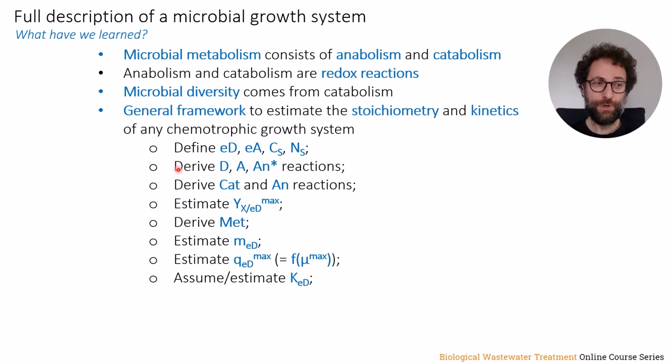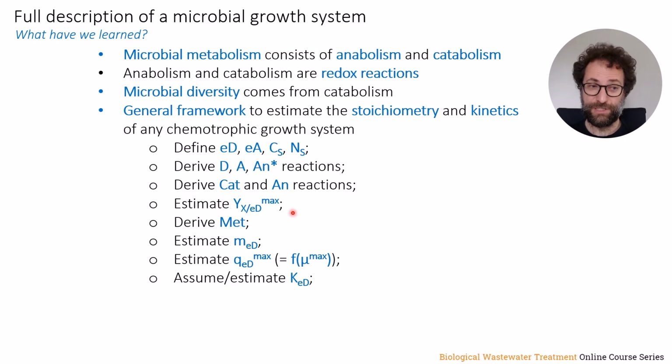Based on this, you can derive the electron donor half reaction, electron acceptor half reaction, and the anabolic half reaction, where we have seen that depending on the redox state of the carbon and nitrogen source, we might need an electron donor or an acceptor half reaction to be coupled. Based on this, we can derive the catabolic and the anabolic reactions.